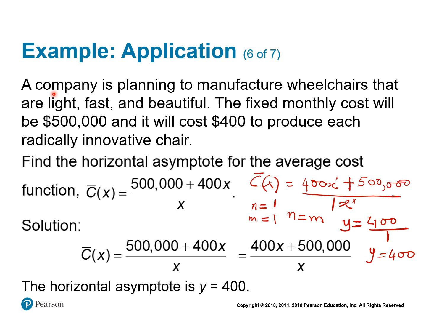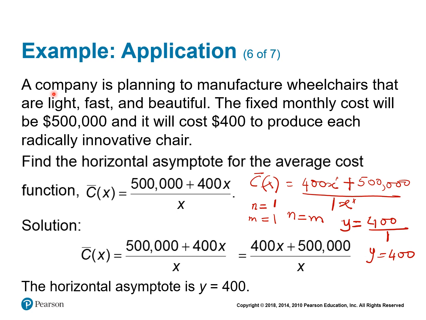When we increased it to 10,000 chairs, the average cost was reduced to $450 per chair. When the production was further increased to 100,000 chairs, the average cost dropped to, I think, $405.